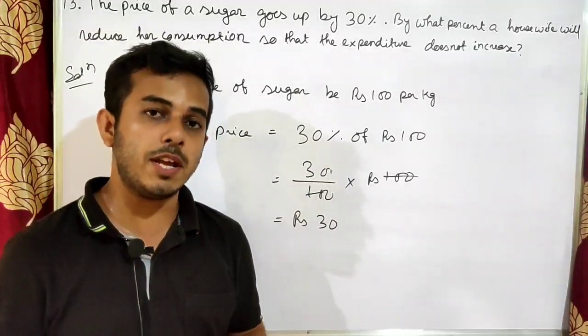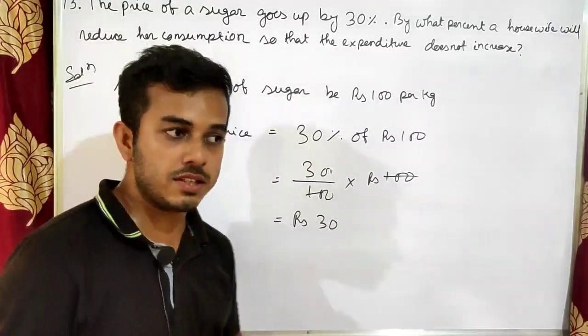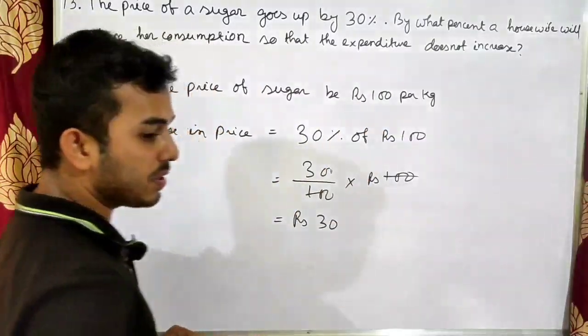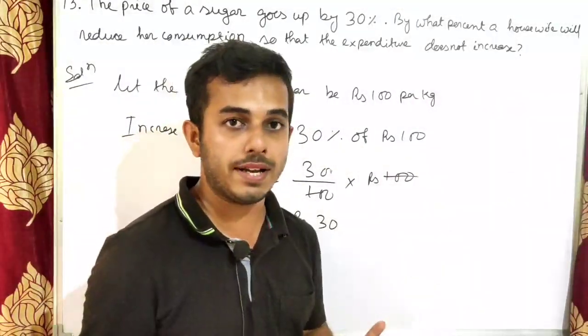So now its present price will be the earlier price plus the increase in price, isn't it? So the present price will be rupees 100 plus rupees 30. That is, its present price is now rupees 130 per kg.